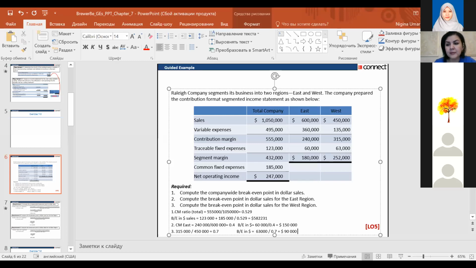Salma, Fabrianti, Navita, active students, Sarah, other students, why are you silent? Salma, Fabrianti, what does it mean, 90,000?